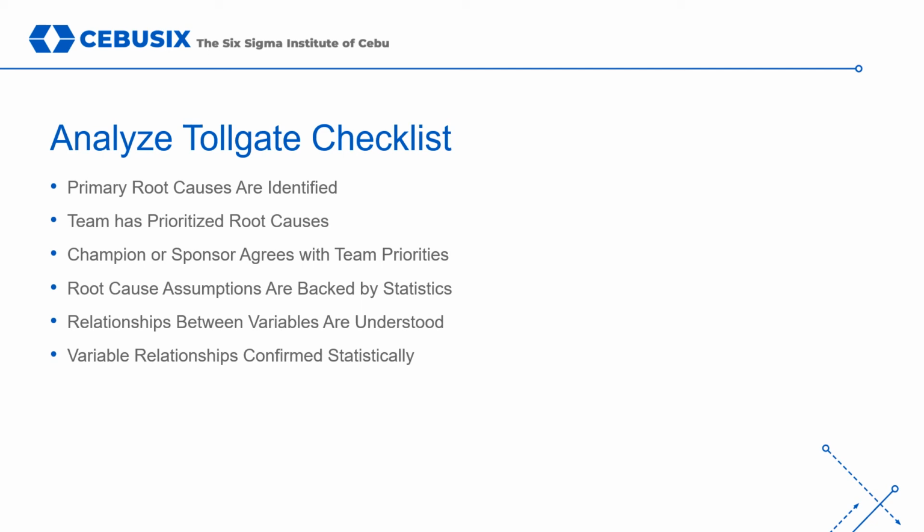You will need to make sure that any assumptions regarding the root causes are backed by statistical data and that the relationships between all of the variables are fully understood and confirmed statistically. After all of this has been completed, it is time to meet with the project champion or sponsor and provide them with your findings. Once they agree, then they will sign off on the phase and you are free to move on to the implementation phase of the DMAC process.